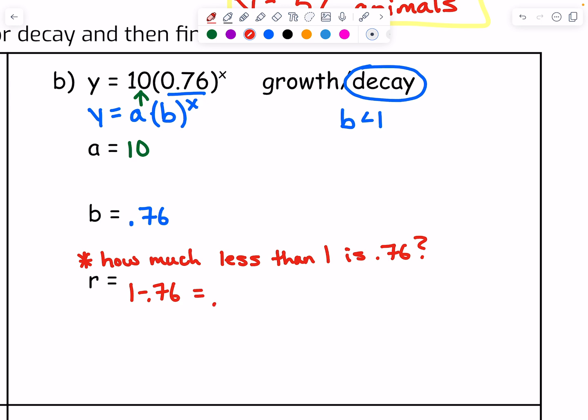And that would give you 0.24. So your rate of decay is actually that number, the 0.24. Because that's how much less than 1 this was. And then 0.24 times 100 would give us back 24%. And a lot of times we see the rate written as a percentage.